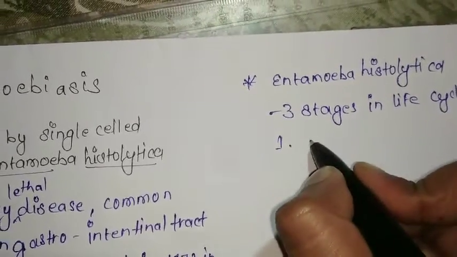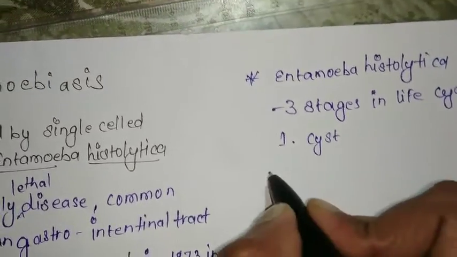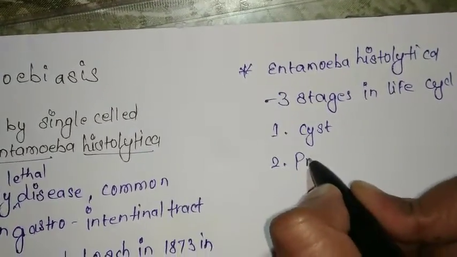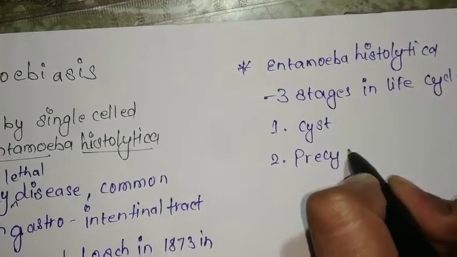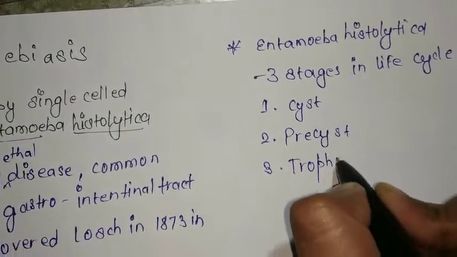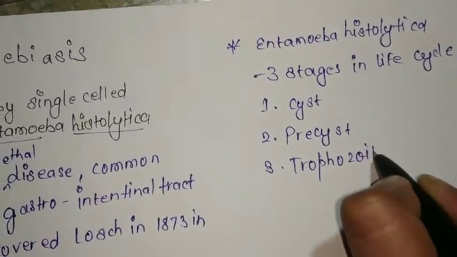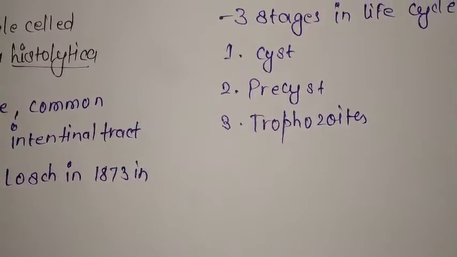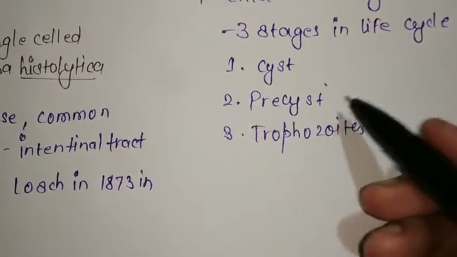First one is a cyst, second is a precyst, and third one is a trophozoite. Now we will discuss each and every one.